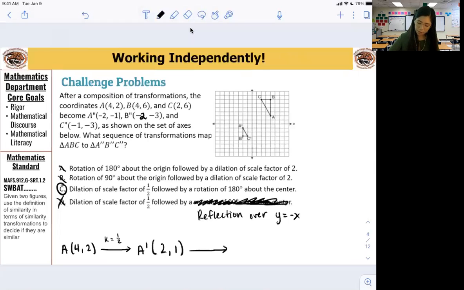And then at this stage, you can figure out whether it was a rotation versus a reflection. Because if you know that the final answer is -2, -1, then like Perla said in the chat, it's -x, -y, so we know that that's a 180-degree rotation.